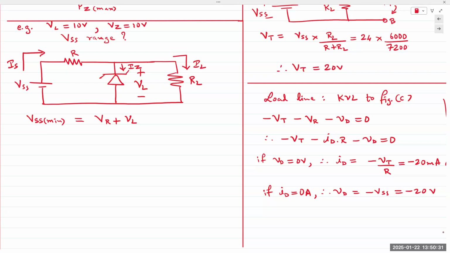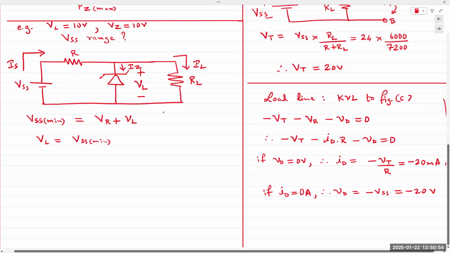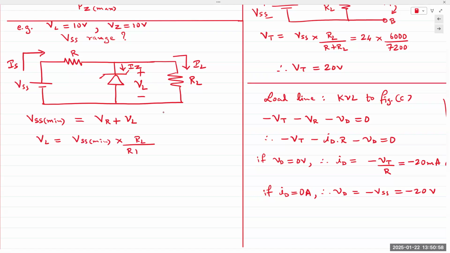Now, how can we find VL? Well, again, voltage division, right? VL is across that load resistor RL. And so from voltage division, it's a fraction of VSS. So VL is VSS times RL divided by R plus RL.